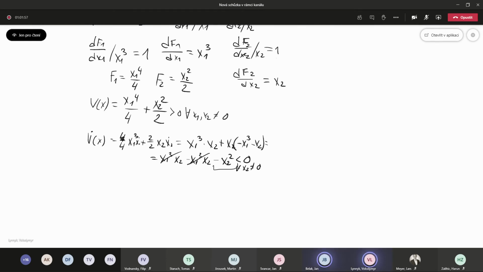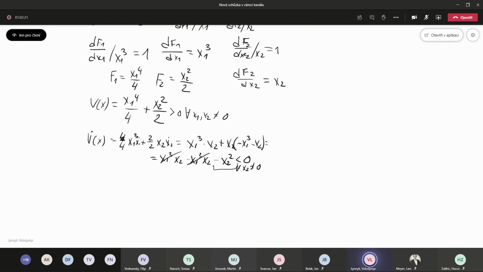If you want to prove the asymptotic stability of the system, we need to use the LaSalle principle to find the dependency on x1, because that's not in the derivative. We only know that it's stable for x2. Okay, you're right.